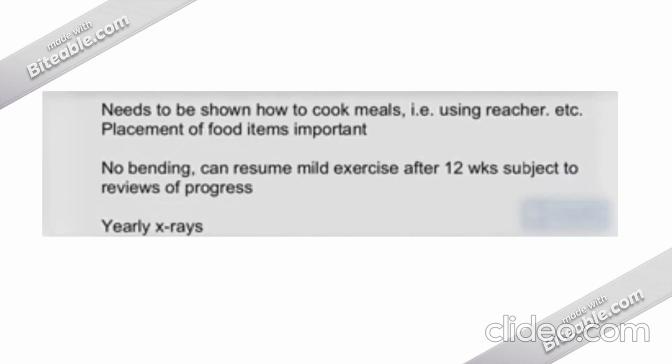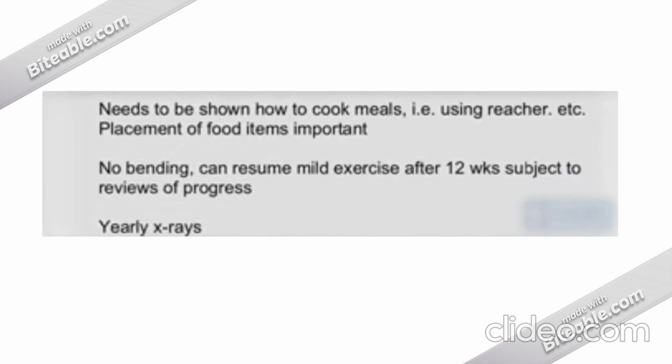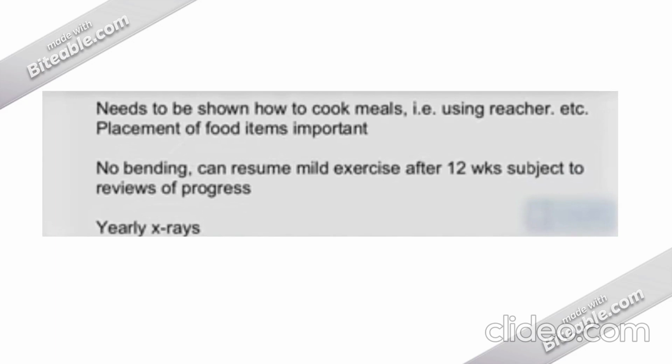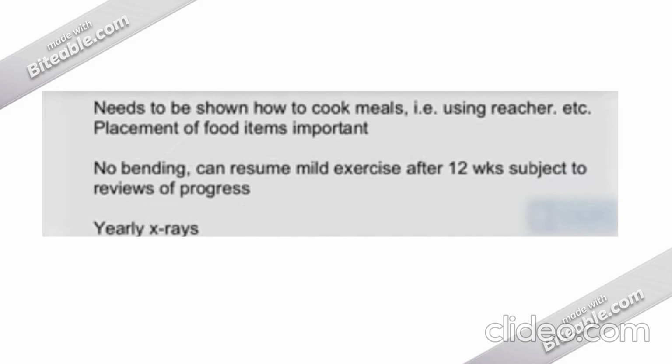Needs to be shown how to cook meals using the reacher, etc. Placement of food items is important. No bending, and can resume mild exercise after 12 weeks subject to review of progress, and yearly x-rays are recommended.